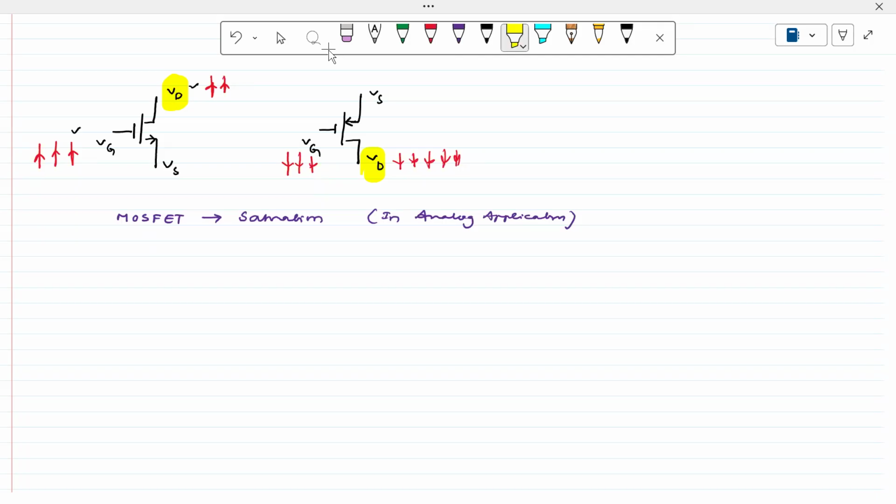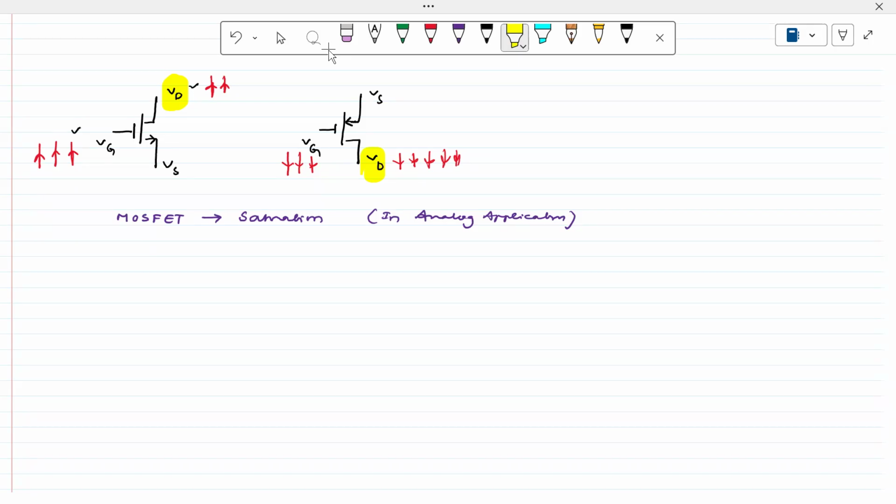We can complete this course. So what is the first bottom line? For the NMOS, the drain should be more positive, and for the PMOS, the drain should be less, compared to the gate, in order to make them saturated.